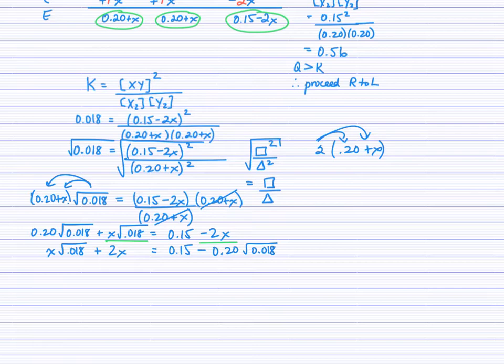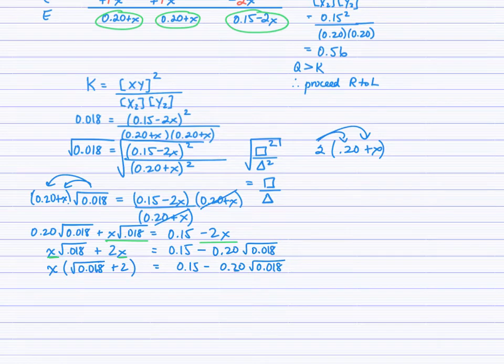Okay, at this point, I look at the left side and I know I'm looking to isolate x, so I'll notice that I have a common factor of x. So I'm going to pull that common factor of x out of the binomial, and I'll be left with the square root of 0.018 plus 2. And on this side, I have this left.